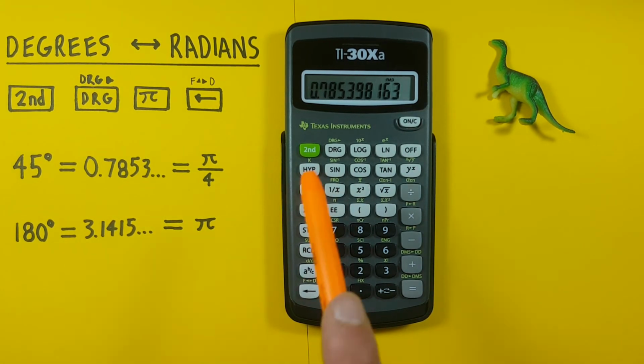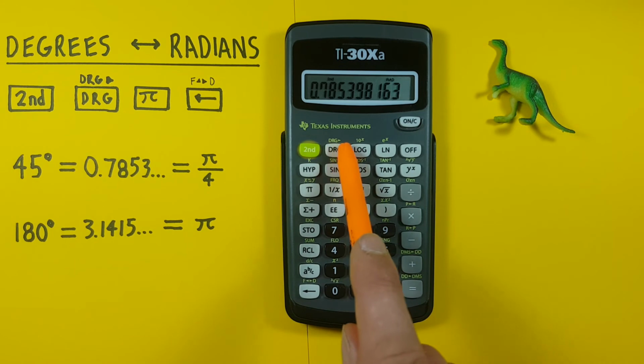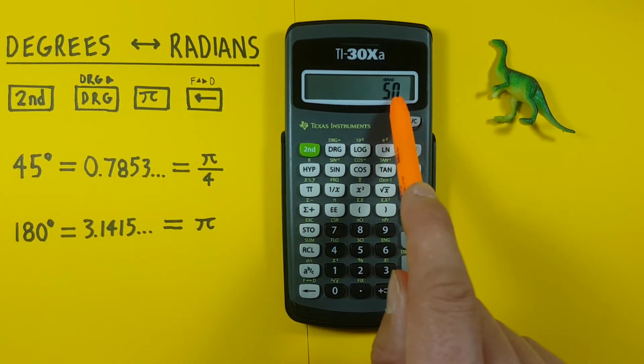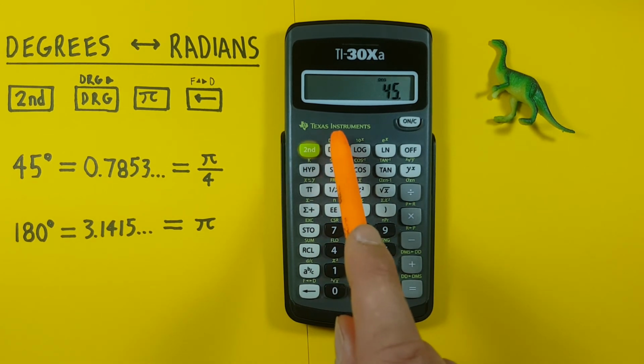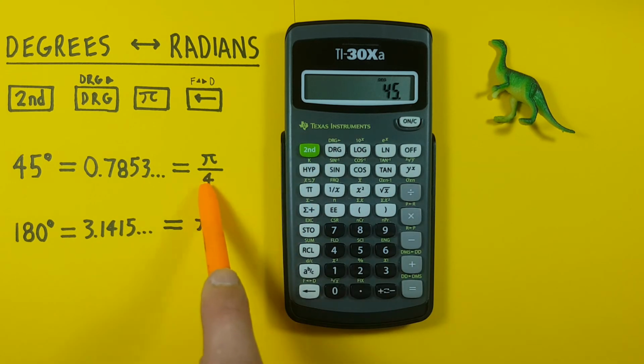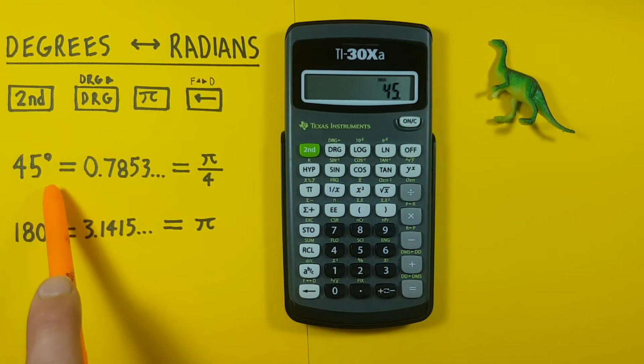And then if we use second function, DRG, once, we see this converts to gradients, but if we do it again, we get DEG and 45. So that has converted to 45 degrees.